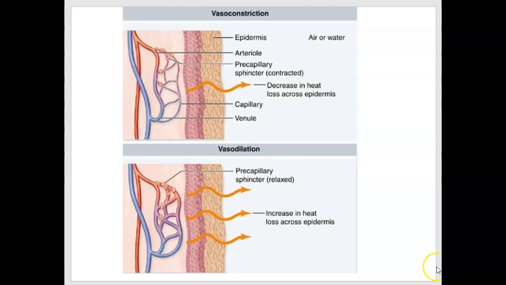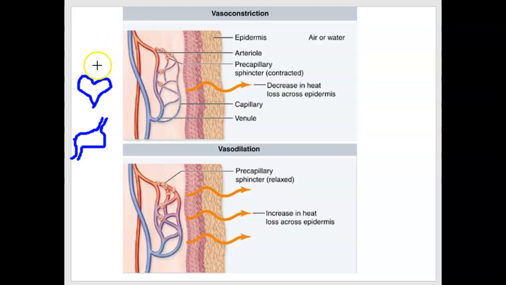So I have a picture to kind of explain this a little bit. You have to imagine that the internal organs are deep, like the heart, the stomach. Okay, they're deep, and the skin is superficial. And there's blood flowing from the interior of our body out to the periphery.